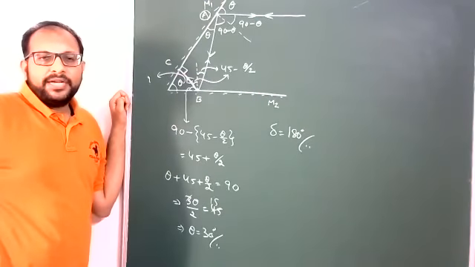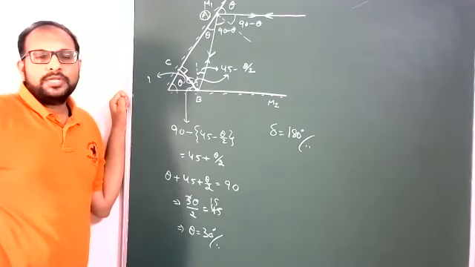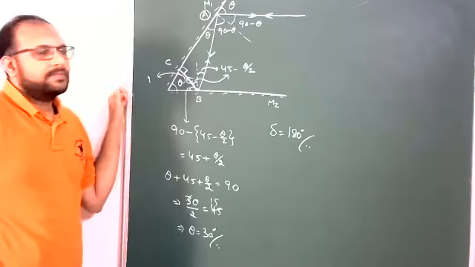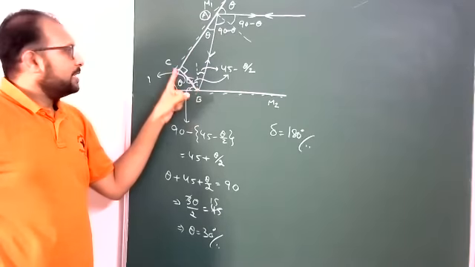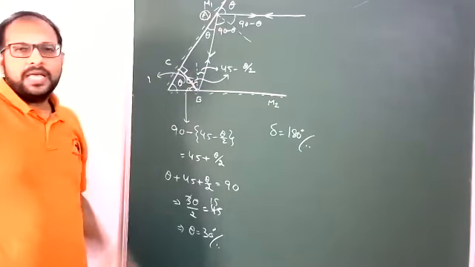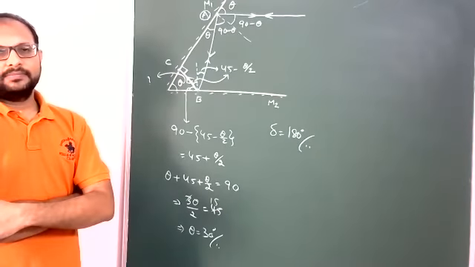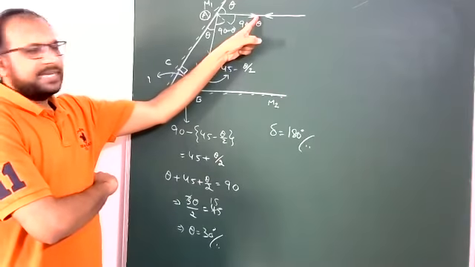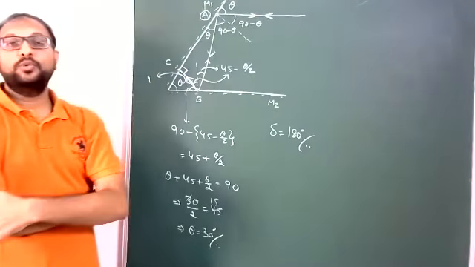Yes, so students, tell me, in total how many reflections took place here? Count. 1, 2, 3, 4, 5. So in total, after 5 reflections, this light ray again moves away from this combination of two mirrors.